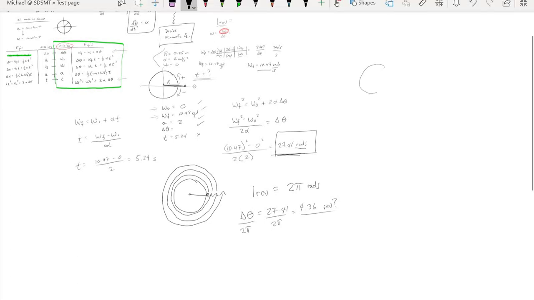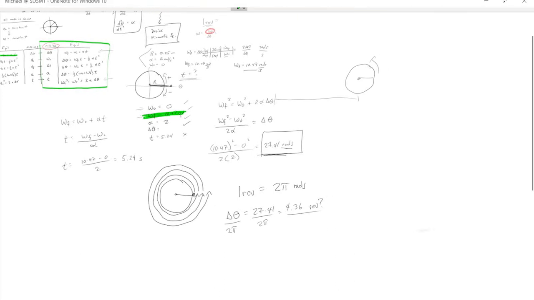If we put this into a practical application, if we start rotating this wheel, how far down the road will we get? Physically, how far down the road will we get as this wheel is being brought up to its final angular velocity of 10.47?